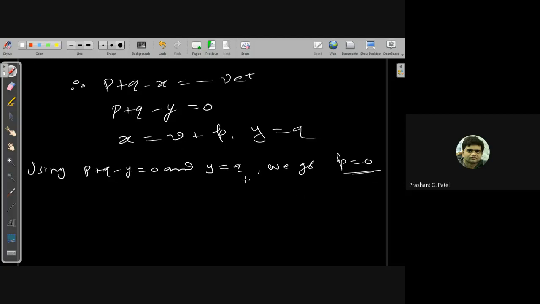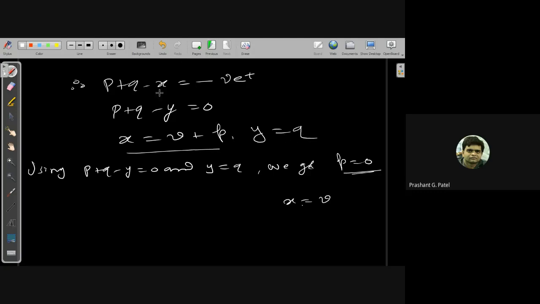If p equal to 0, we get x is equal to v using this. If x is v, p is 0, then we get q equal to y.